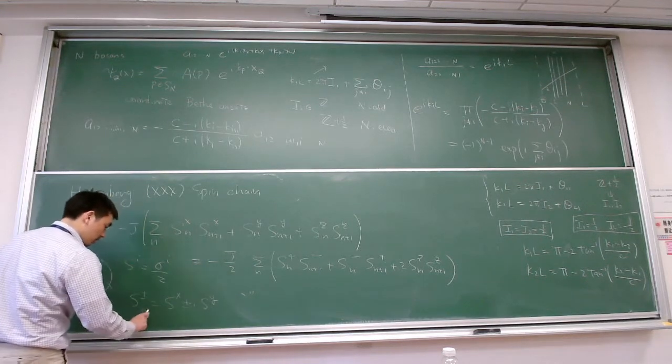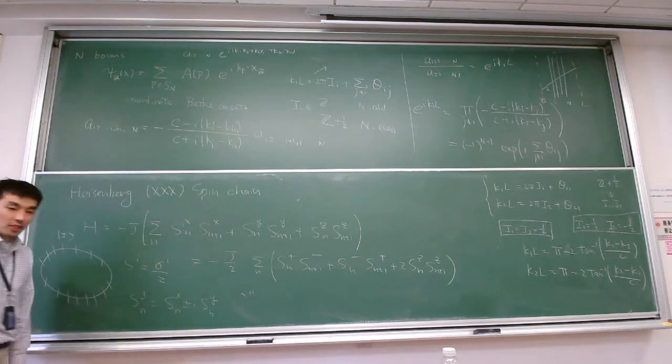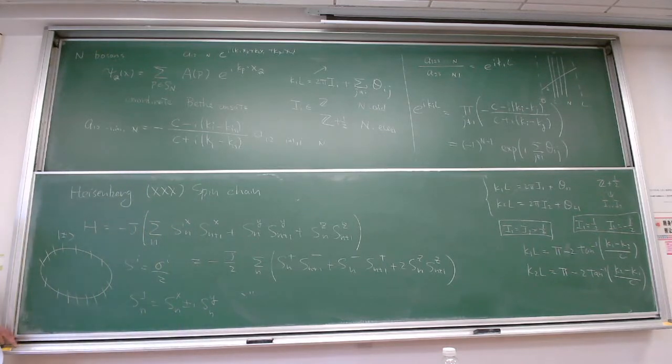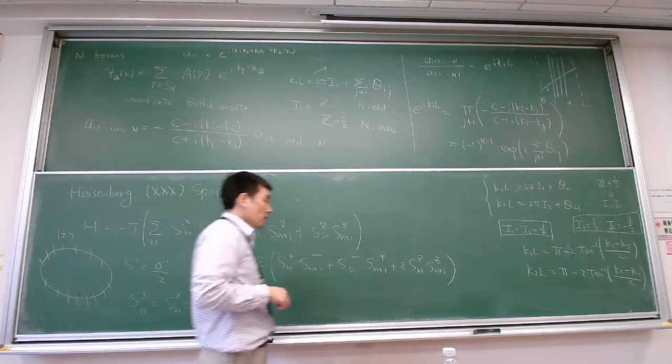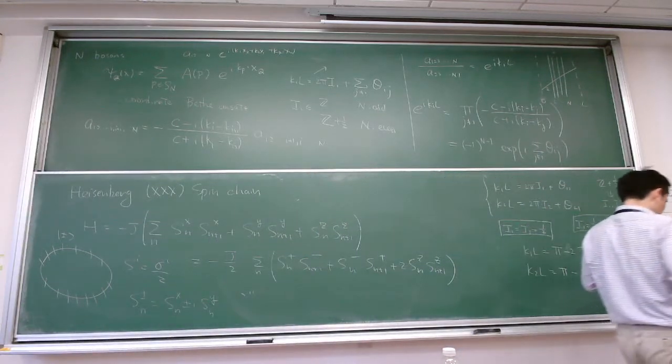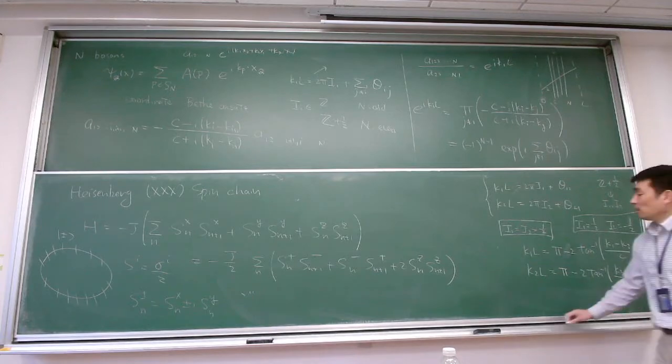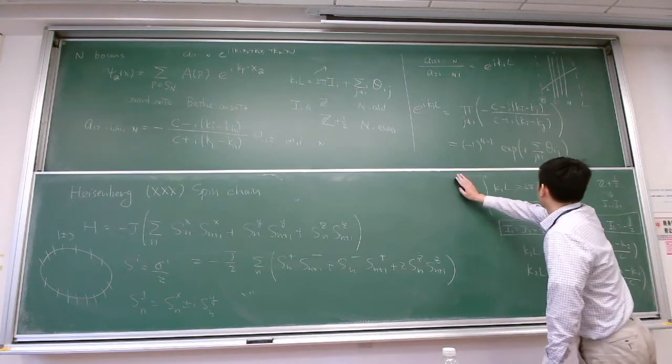So this is just ordinary quantum mechanics, and this is the Hamiltonian. Okay, so this is the Heisenberg spin chain.